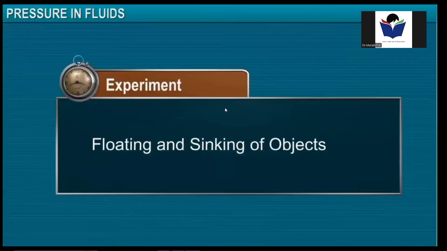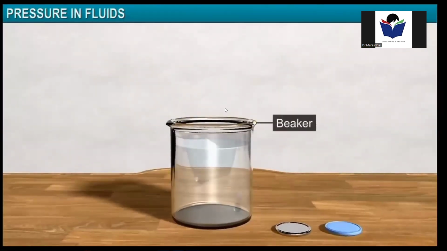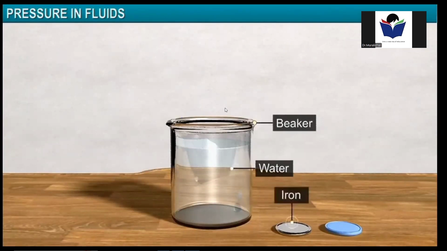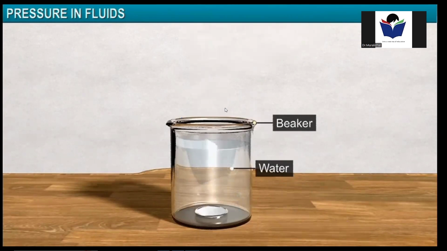An experiment will help us illustrate this concept. Take a beaker filled with water. Find two identical coins, one of iron and the other of plastic. Place both the coins on the surface of the water.